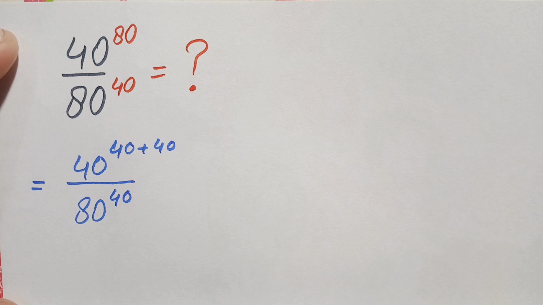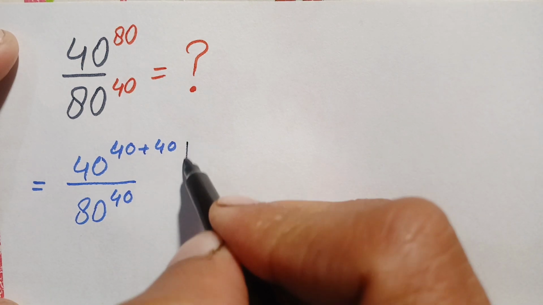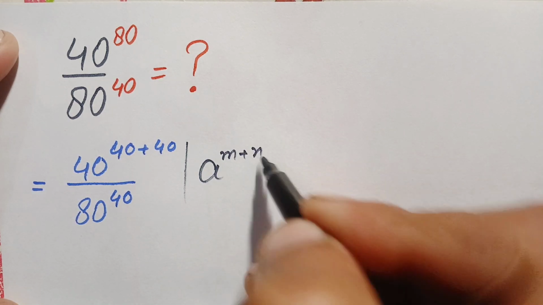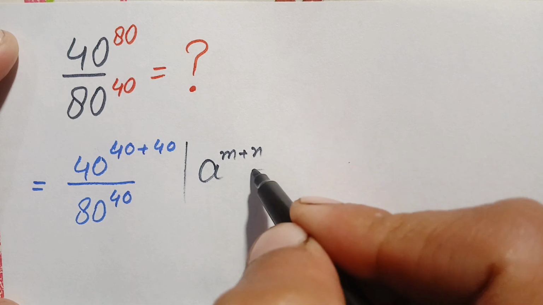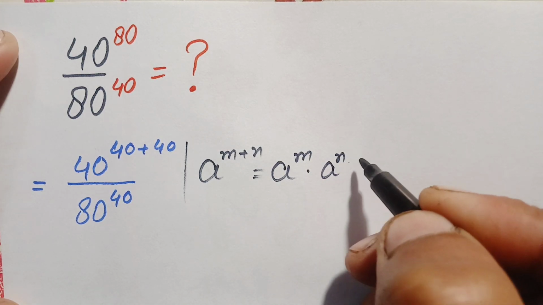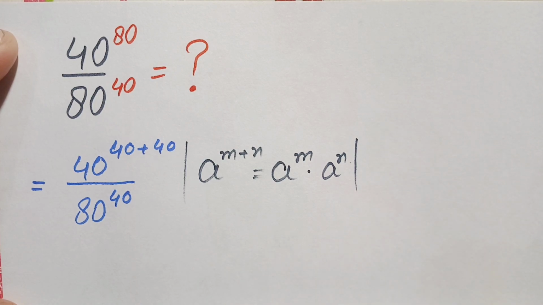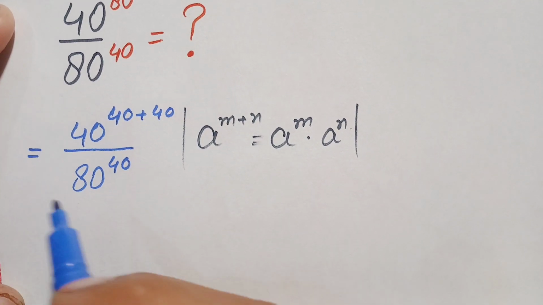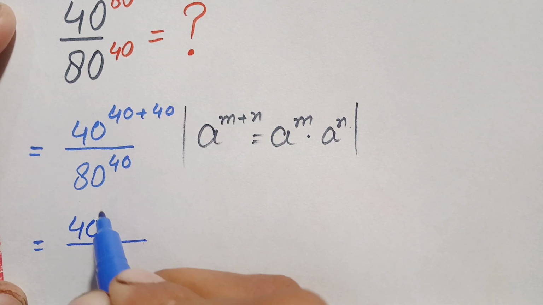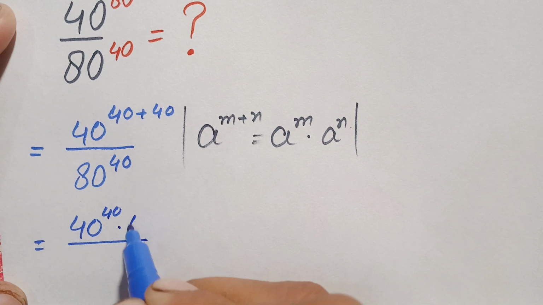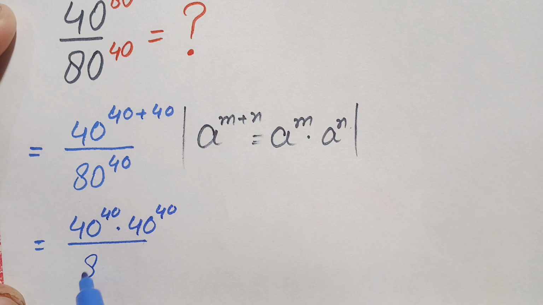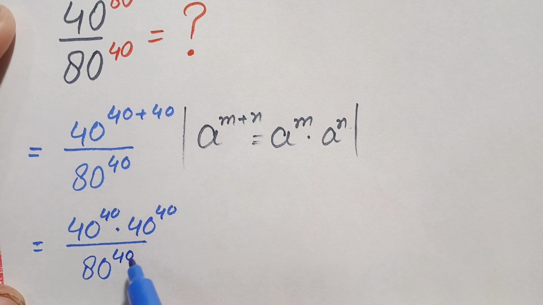So here in this numerator we will use this one exponential identity, a raised to power m plus n, which can also be written as a raised to power m times a raised to power n. Now using this exponential identity, we can write this numerator as 40 raised to power 40 times 40 raised to power 40, divided by the denominator, which will be the same, 80 raised to power 40.